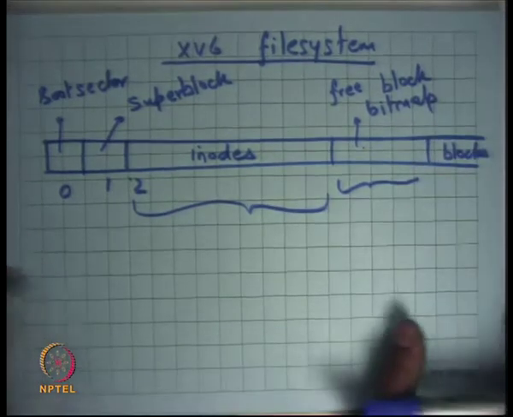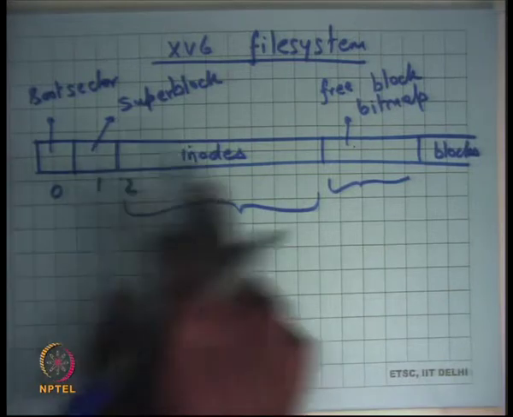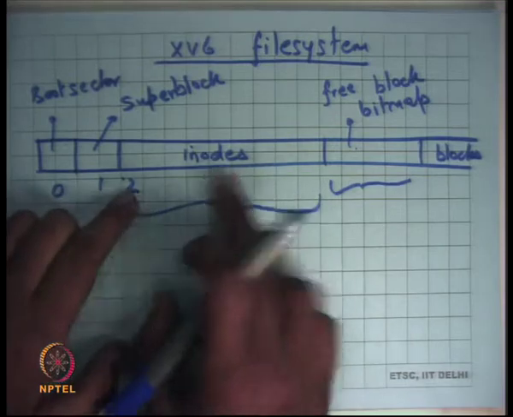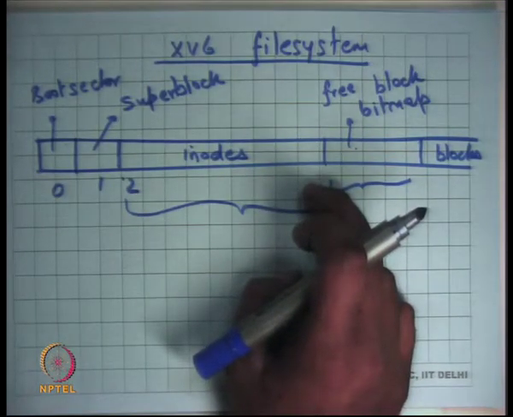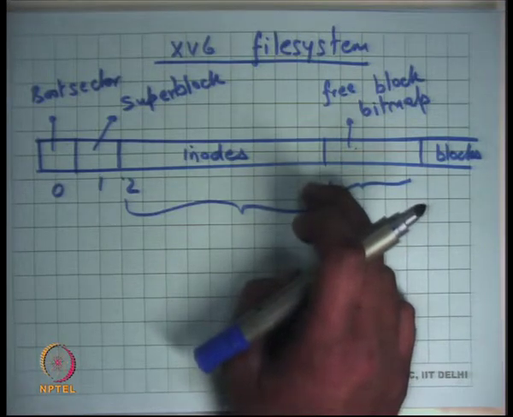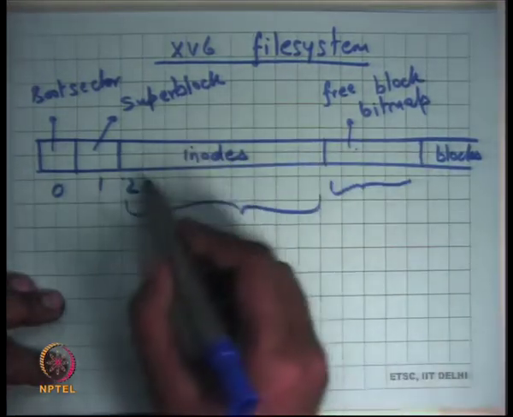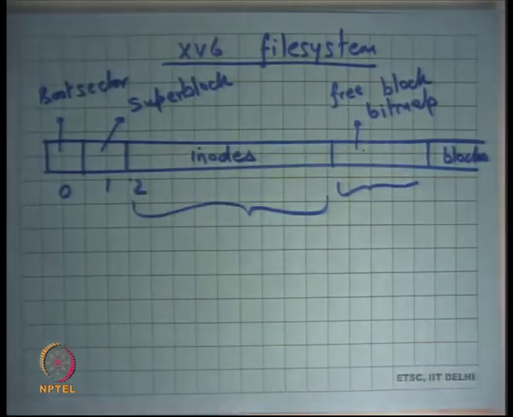Right. So let's look at it. The first two sectors are clear, boot sector and super block. The next few sectors are reserved for inodes, which basically means that all inodes will be allocated from here, right. So that basically immediately puts a restriction on the maximum number of files that you can have in your system, right. One advantage of putting all the inodes together like this is that often you may want lots of locality between your inodes, right. So let's say you are doing ls, right.